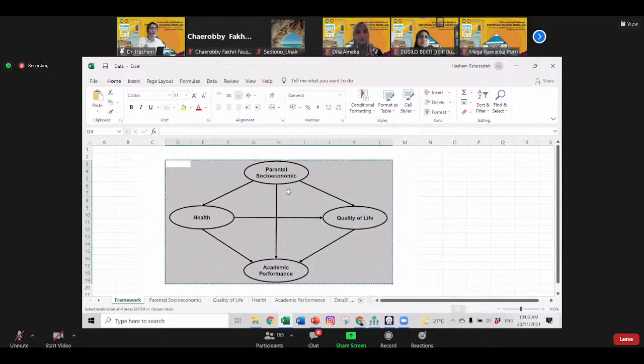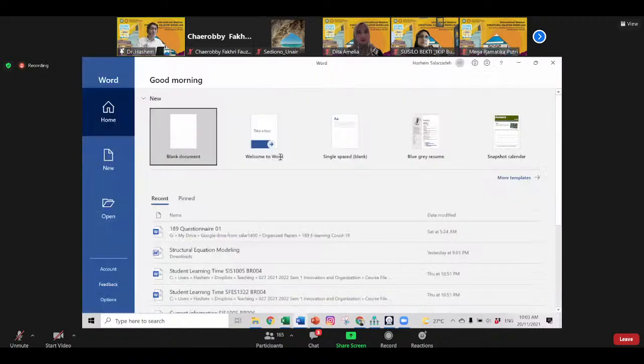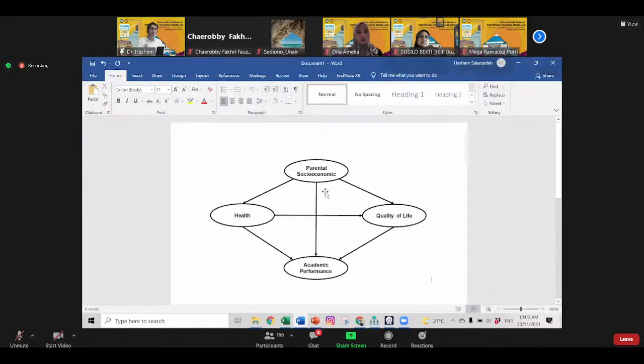I'm really one of the fans of Excel. So I just copy this to a Word file and then into my paper. You don't need to design your framework inside Word.